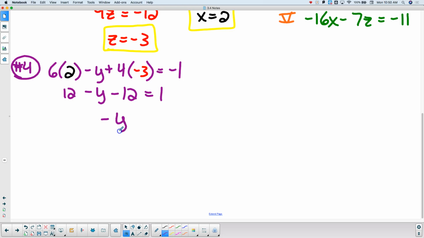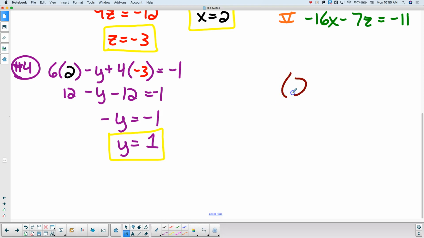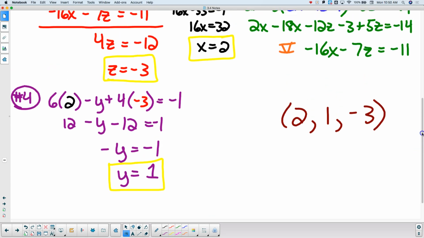So this is negative y equals negative 1. So I get y here is 1. Agree? Okay. So my suspected answer is 2, 1, negative 3. Right? Okay. So let's go back and check it.